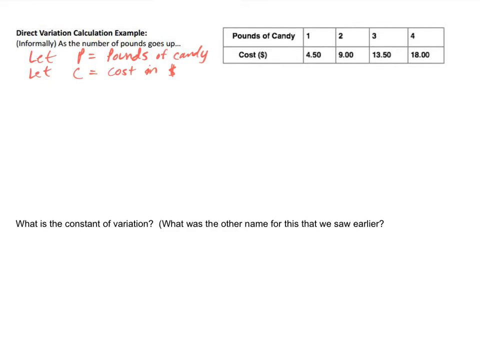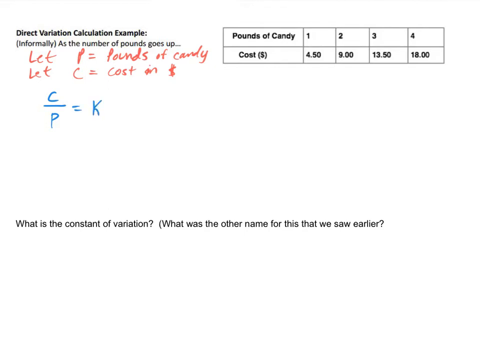If you are told that two quantities have a direct variation, so if I say there is a direct variation between pounds of candy and cost, all that is telling you is if you take the ratio of cost divided by pounds, it will always reduce to the same value.